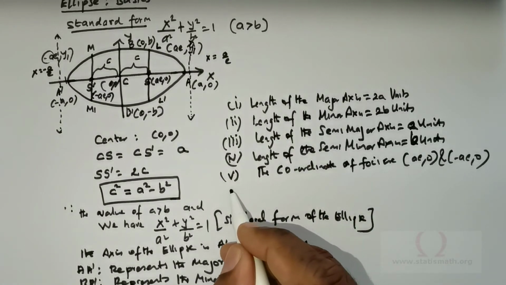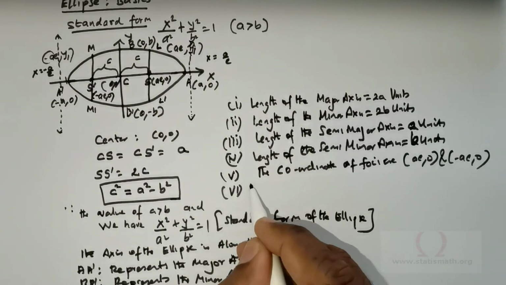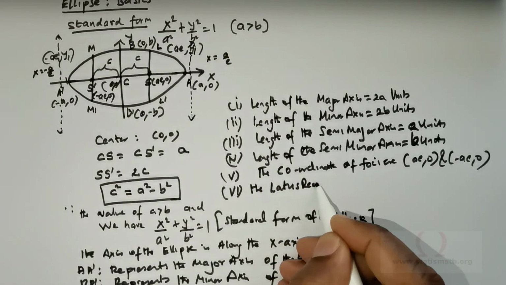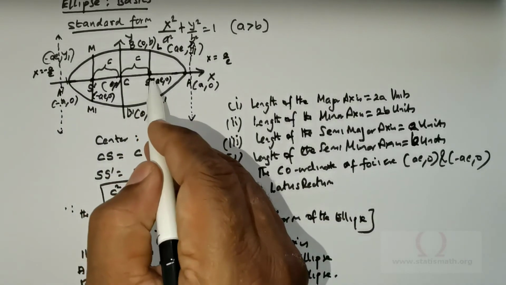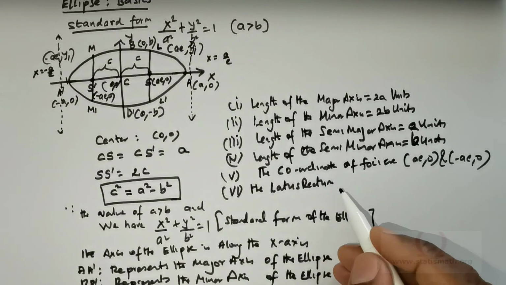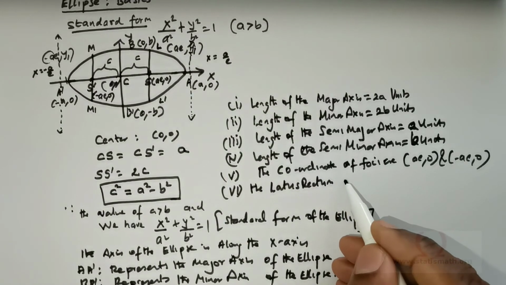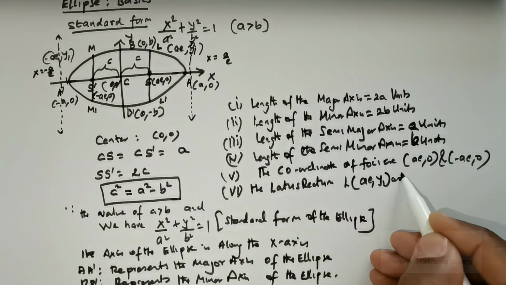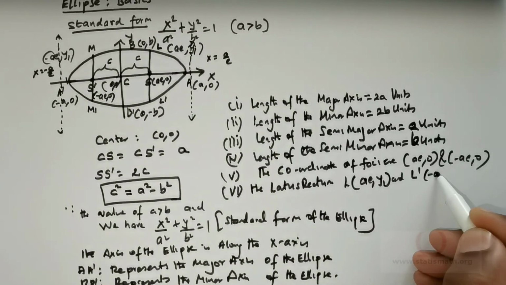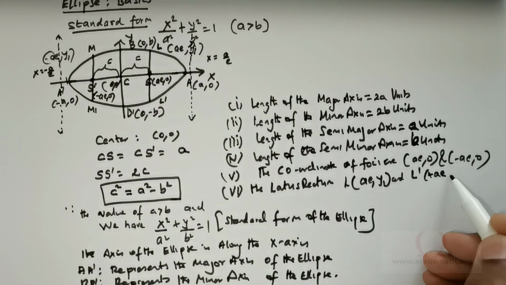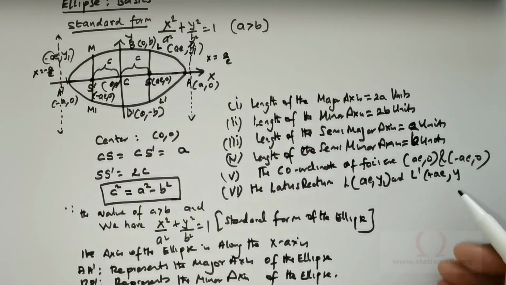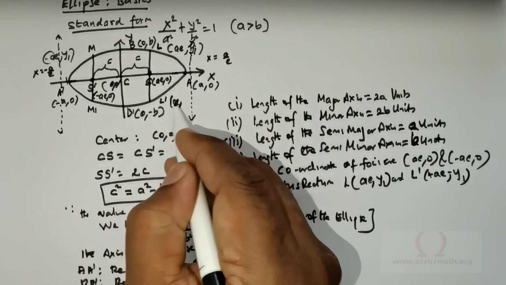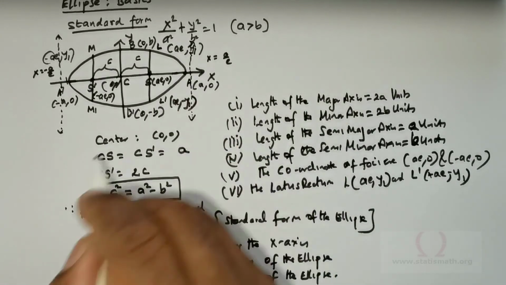And the latus rectum, that is the line that passes through the focus, the coordinates are L of (ae, y1) and L dash of (ae, negative y1).